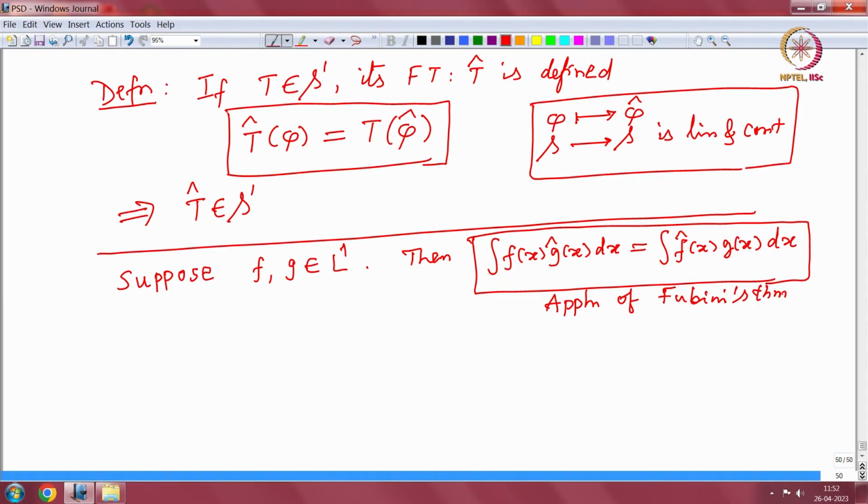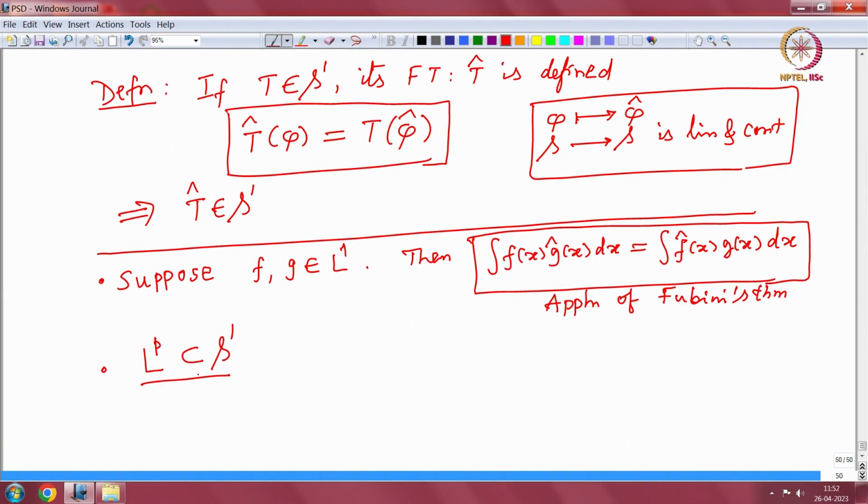Okay. So, now our next task is to remove some ambiguities with this new definition. Okay. So, we have already seen that Lp functions are in the tempered distributions.